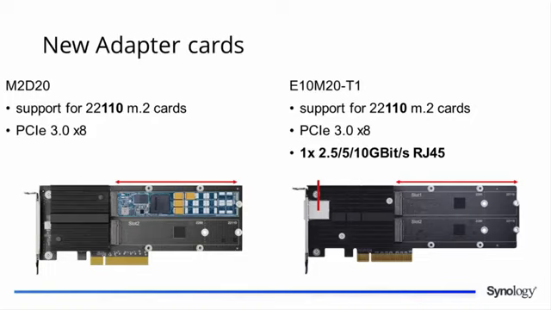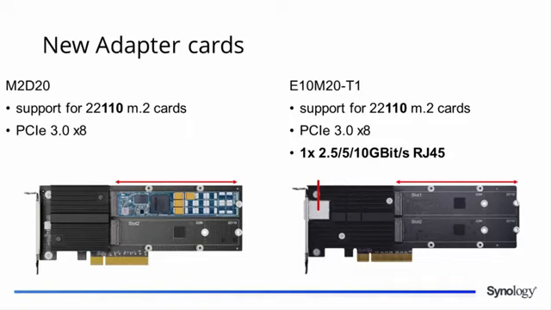They are designed to boost I/O performance and streamline storage experience. Synology's new M.2 adapters allow existing Synology customers to take full advantage of enterprise-grade endurance and performance of SNV 3000 series NVMe SSDs. Additionally, the E10M20-T1 is our long-demanded combo card.